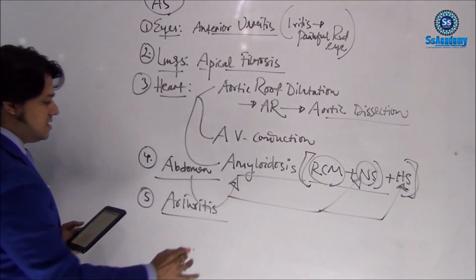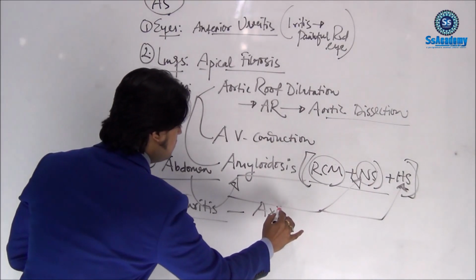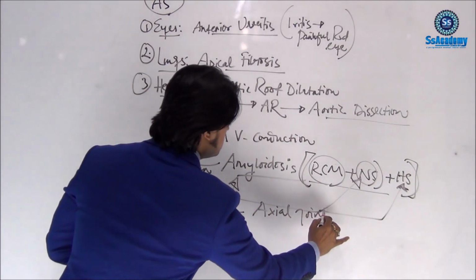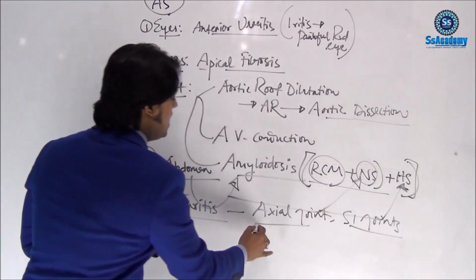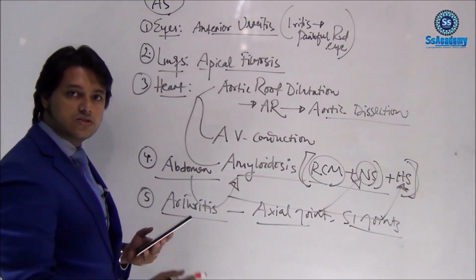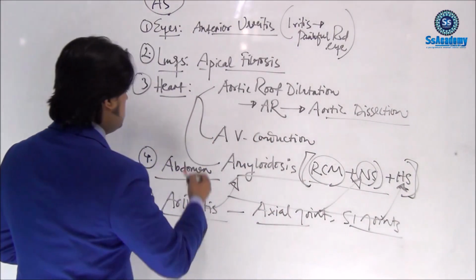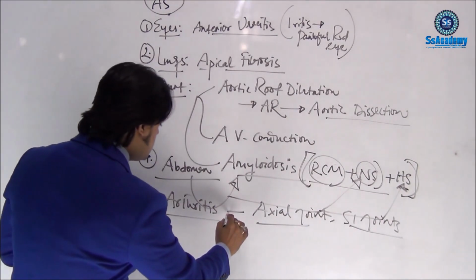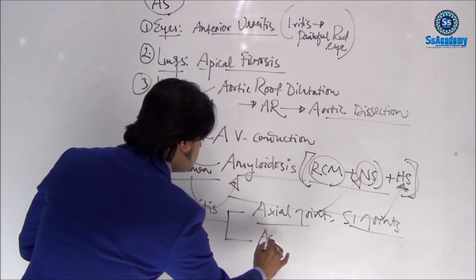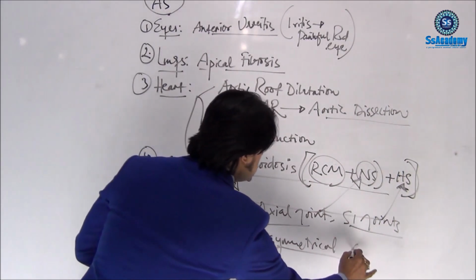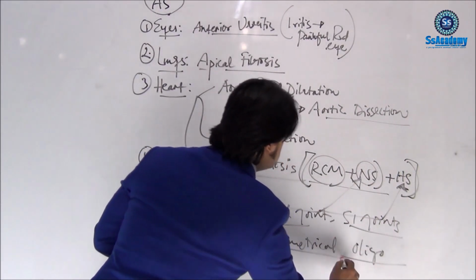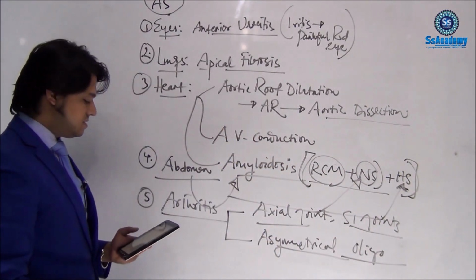As we said, A for axial joint involvement as well as the SI joints, meaning the spine joints and SI joints. Arthritis is an important feature of ankylosing spondylitis. And once again, asymmetrical oligoarthritis is an important feature of ankylosing spondylitis.